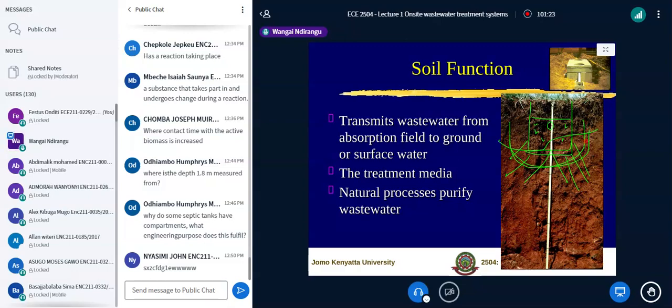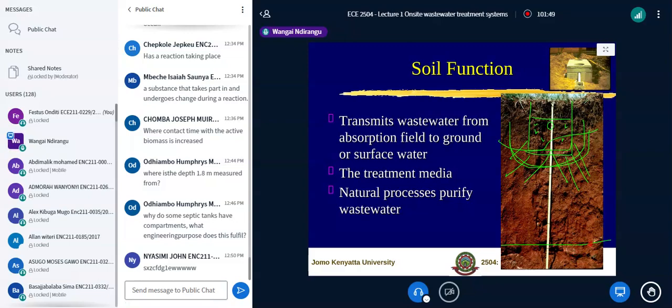It filters out the bacteria, the solids, and everything else. So by the time water reaches the water table, 5 meters, 10 meters, 20 meters down, it is clean and does not contaminate the water table.